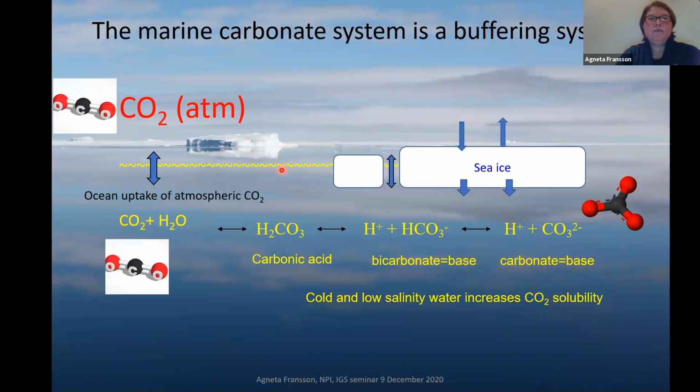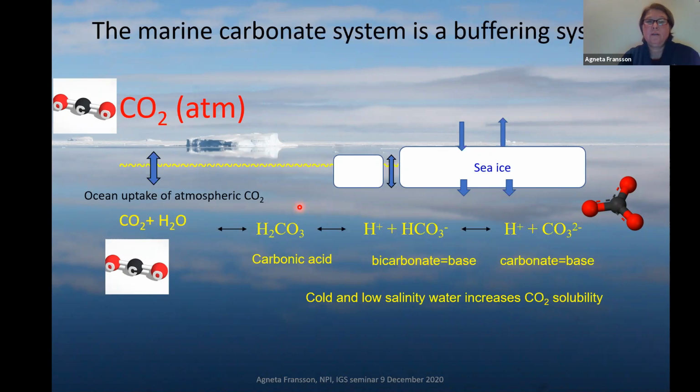First I will introduce you to the marine carbonate system, which is a buffering system, and that means that it buffers against acidic compounds such as carbon dioxide. It consists of several species: carbon dioxide, carbonic acid, bicarbonate, and carbonate. I have the acid on the left-hand side and the base on the right-hand side.